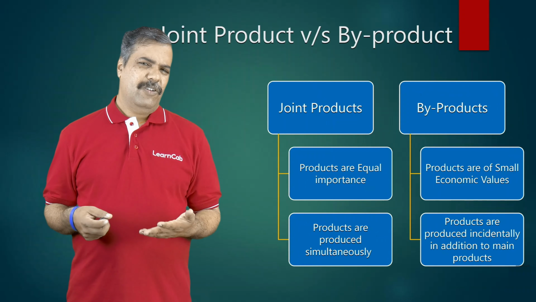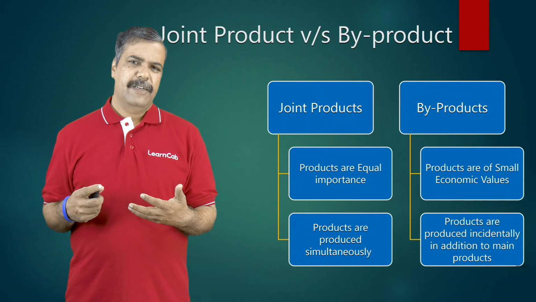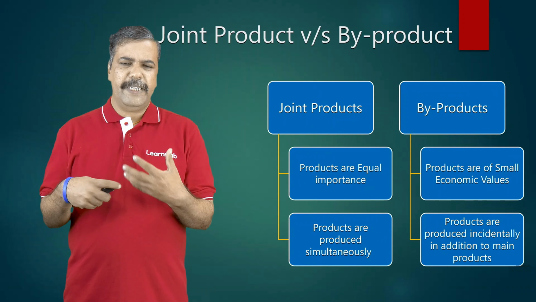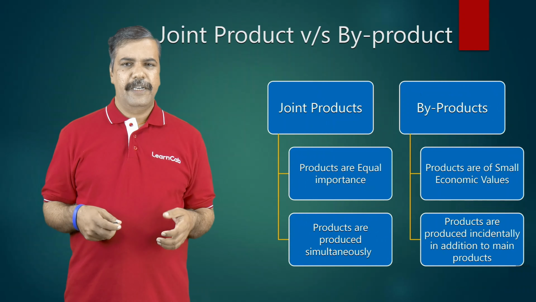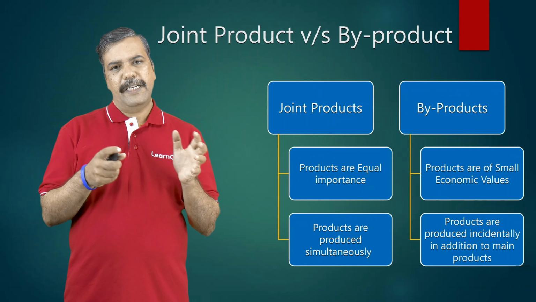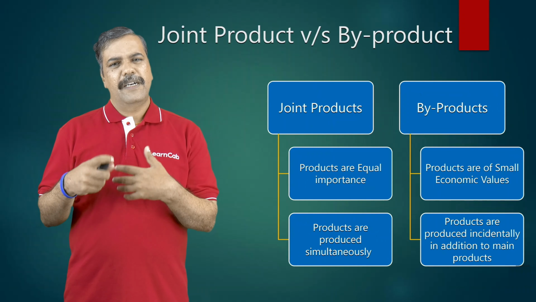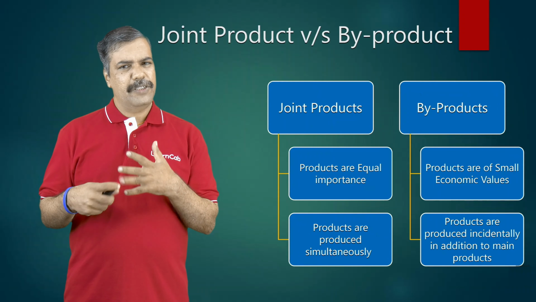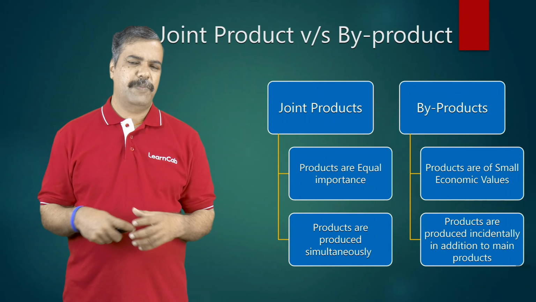It is done simultaneously, because everything is systematically driven here. The manufacturing process is set in such a way that one product emerges, the next product emerges and the third product emerges in a simultaneous manner. The process takes its own turn and keeps on manufacturing these products.